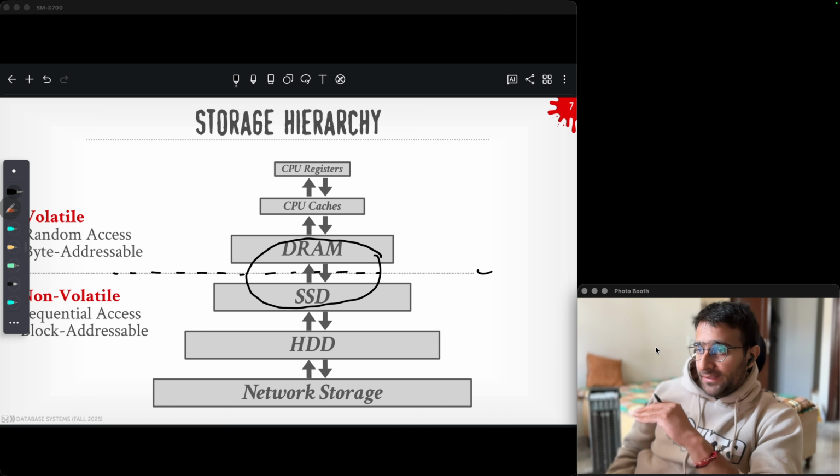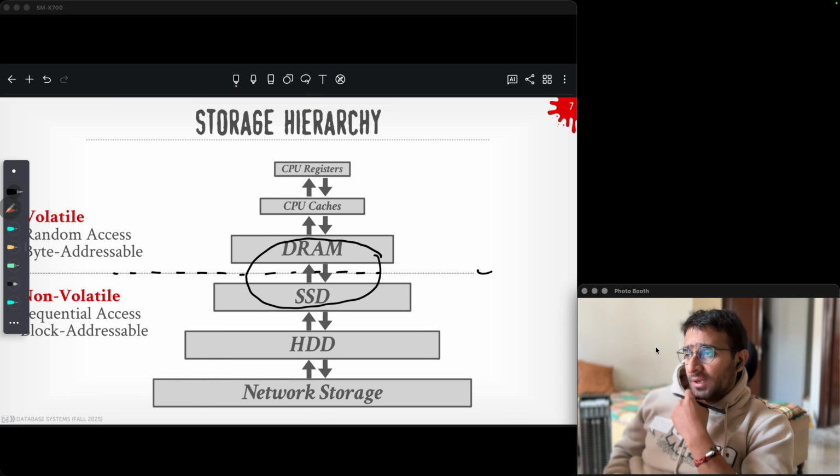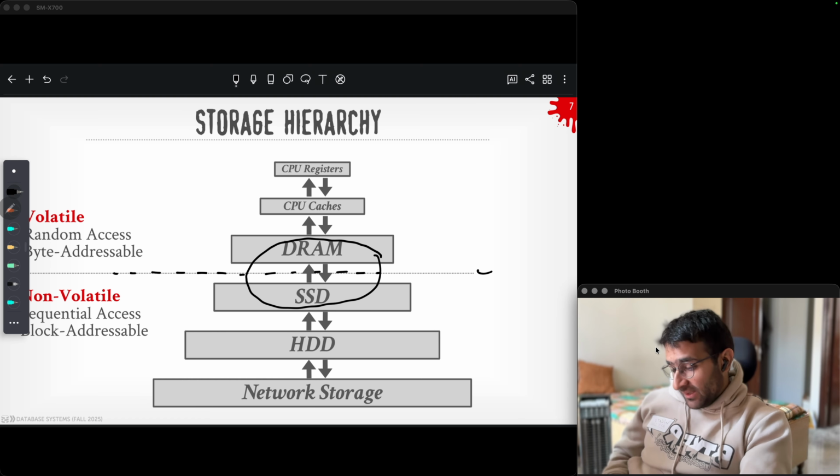All the storage engines assume that SSD is the primary store, but now you would be telling a storage engine that you have a persistent store which is also as fast as a DRAM.